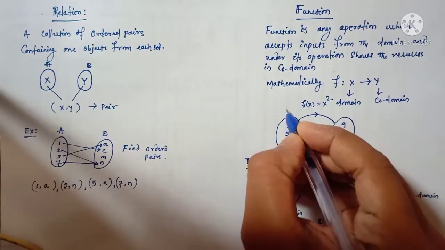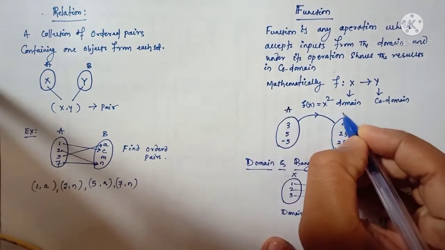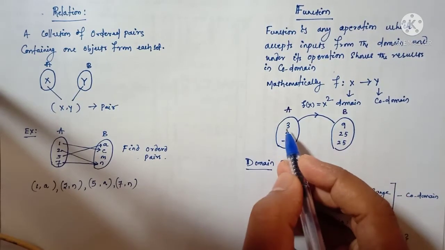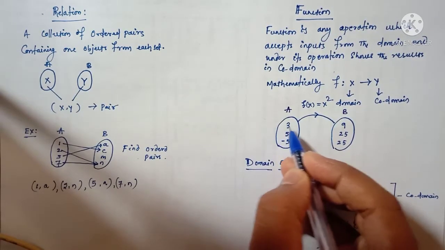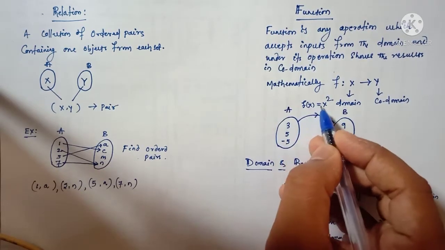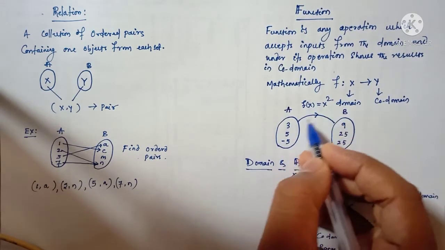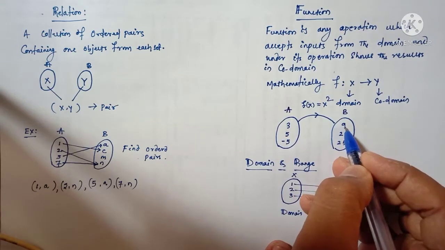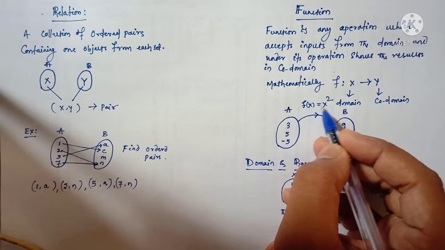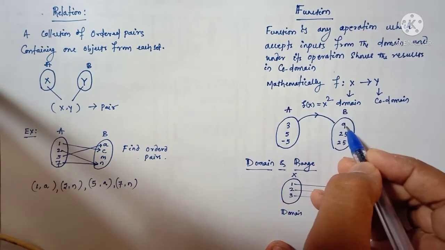For example, here is set A and here is B, and the element from set A is 3. Under the operation f(x) = x square, the image will be 9, right? So 3 squared is equal to 9.